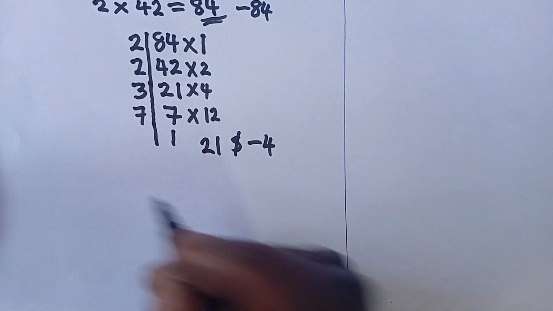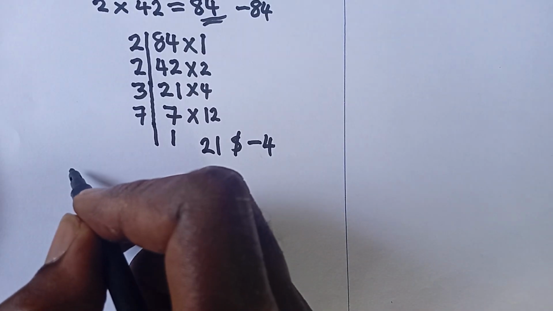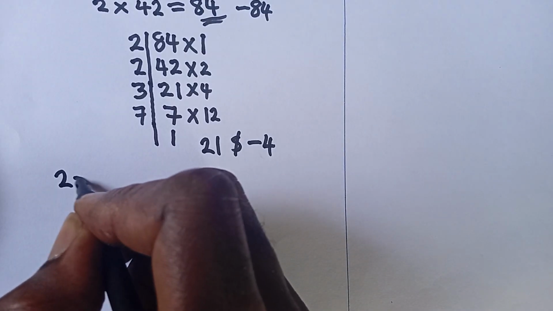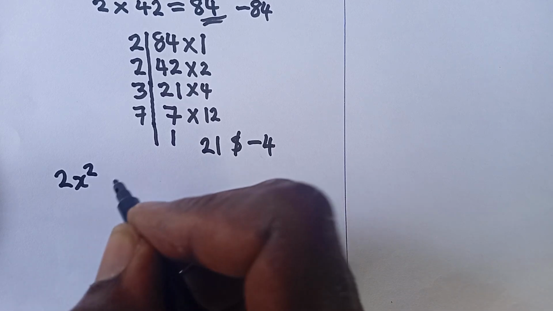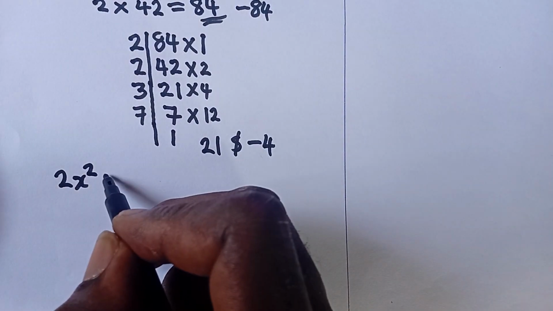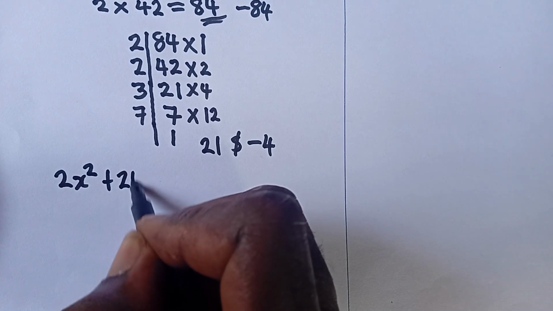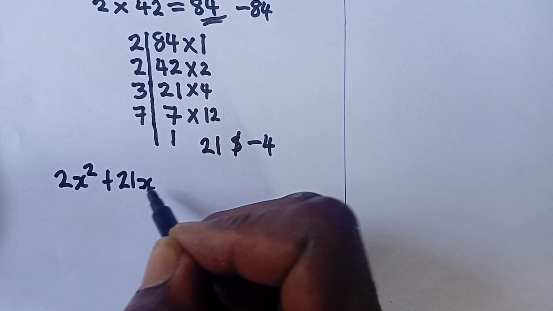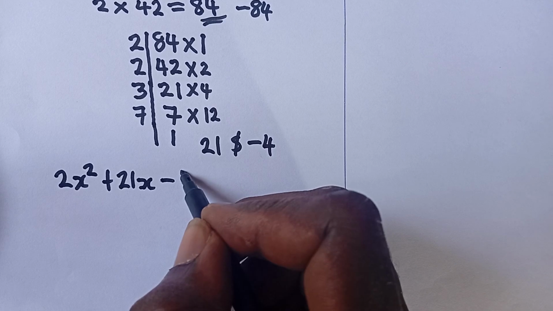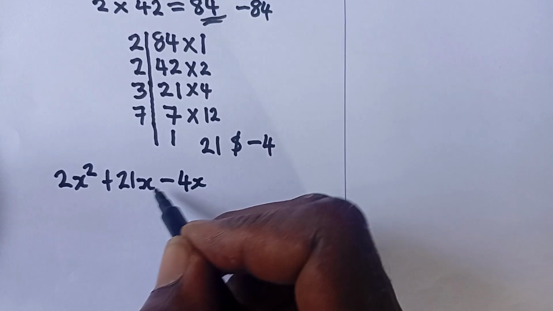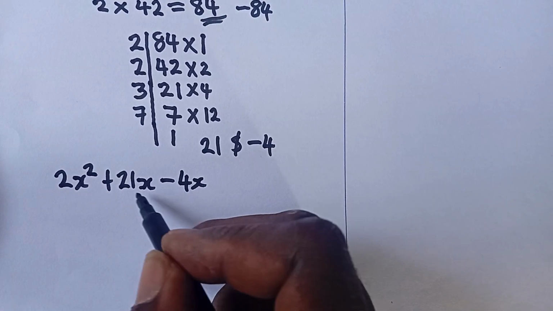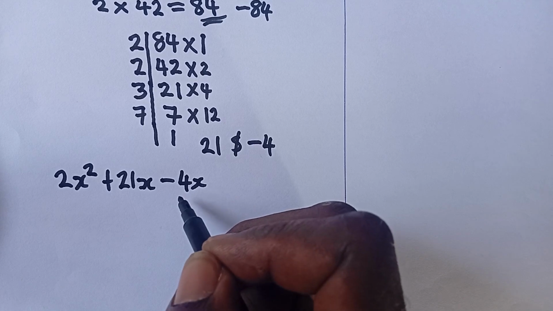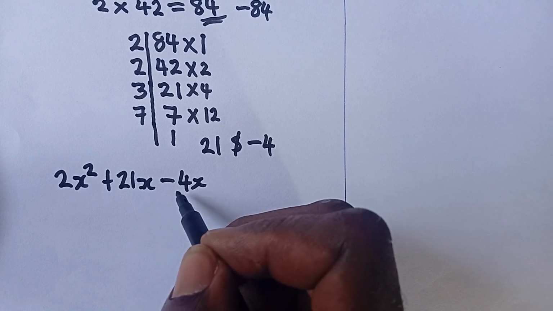So I'll rewrite the equation and say 2x squared. Instead of writing the 17 that is at the middle, we simply say plus 21. Don't forget to put x along with them, plus 21x minus 4x. So these two terms will now replace 17x because 21x minus 4x will give us positive 17x.